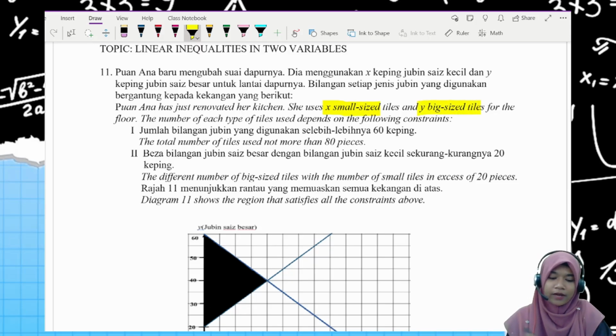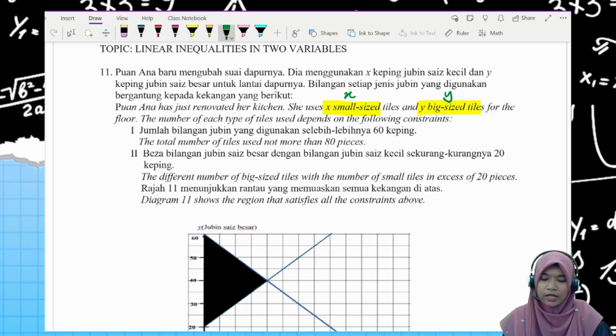So now you have how many unknowns? You have two unknowns: X for the small size and Y for the big size.